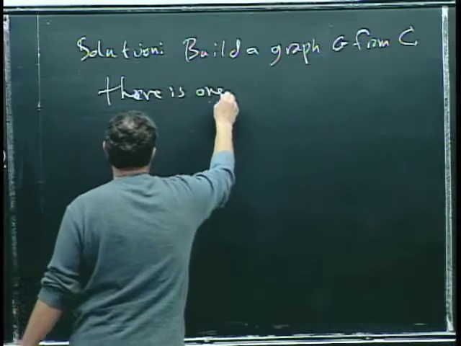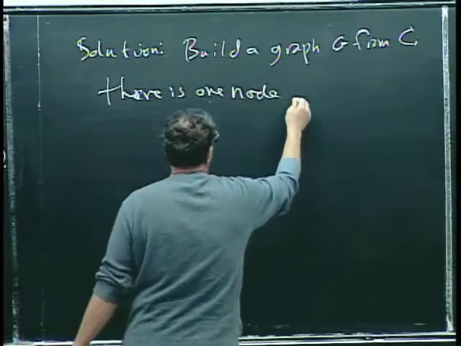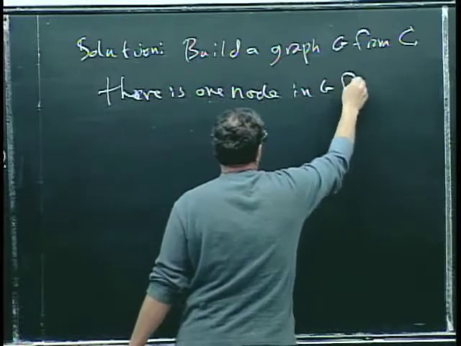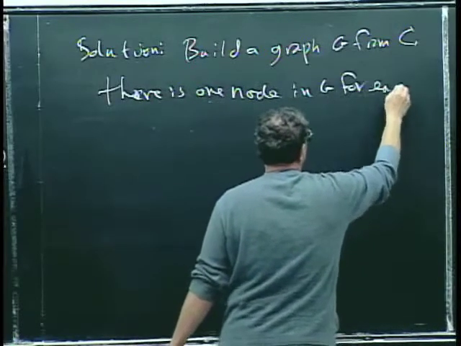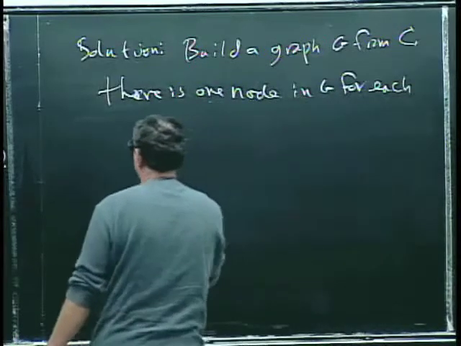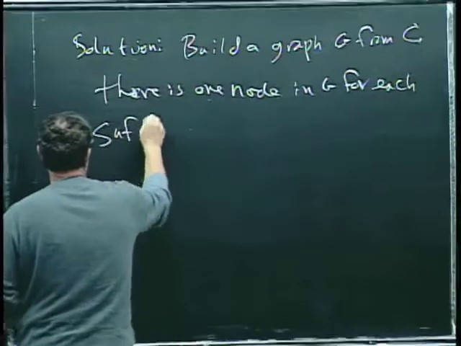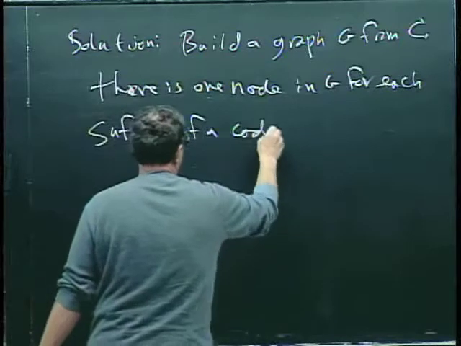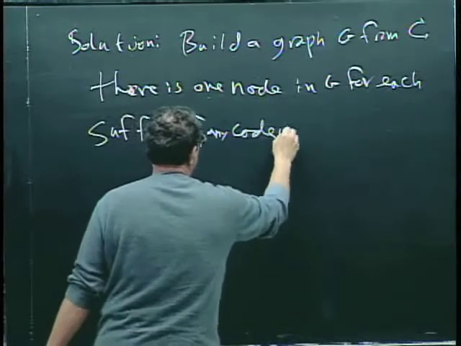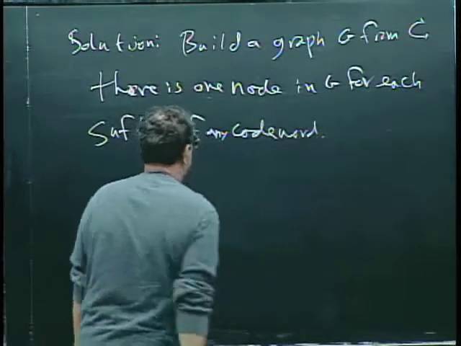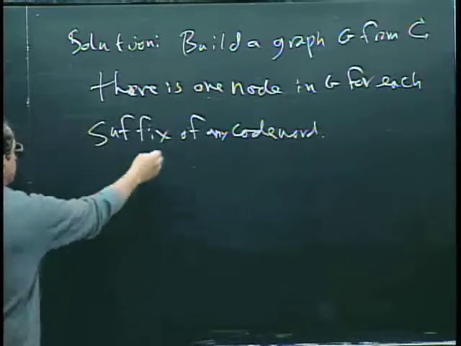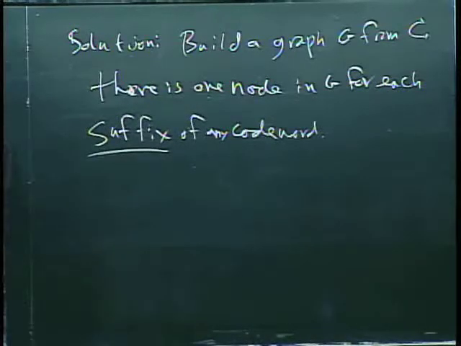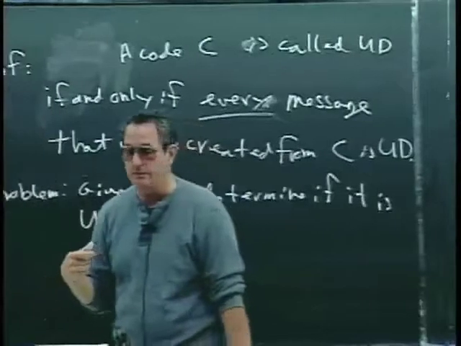There's one node in G for each suffix of a code word, of any code word. Okay? Now a suffix is just a part of the string that comes at the end.